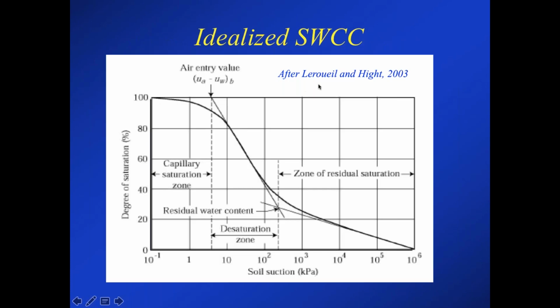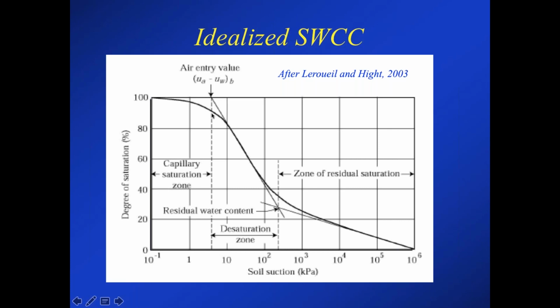So here's an idealized curve. I took this from Lu and Likos, their excellent paper in 2003, which was an excellent review paper if ever you want to read a paper that summarizes a lot of things about soil behavior. They had a section on unsaturated soils, and they show an idealized soil water characteristic curve. In simple terms, when you're at 100% saturation, as you apply some suction, you eventually reach an air entry value where air would break in.